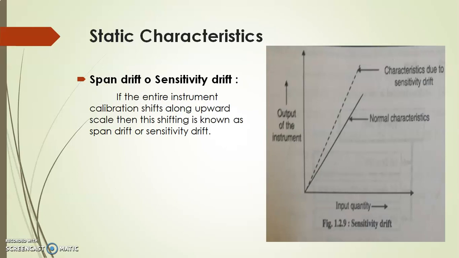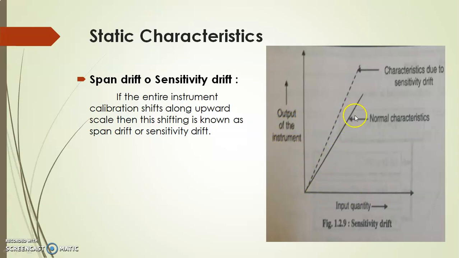Now next we will see the span drift or sensitivity drift. If the entire instrument calibration shifts upward along the scale, then this shifting is known as span drift or sensitivity drift. Here you can see this is the input quantity on the x-axis, and on the y-axis the output of the instrument.